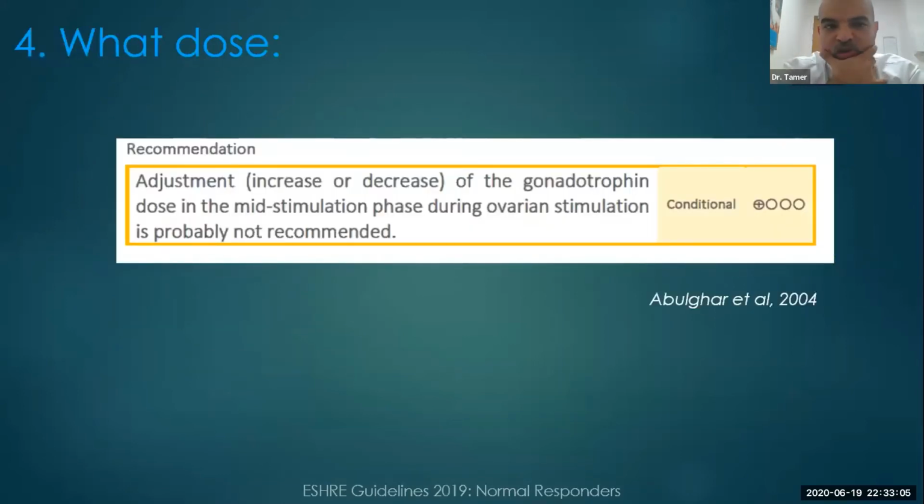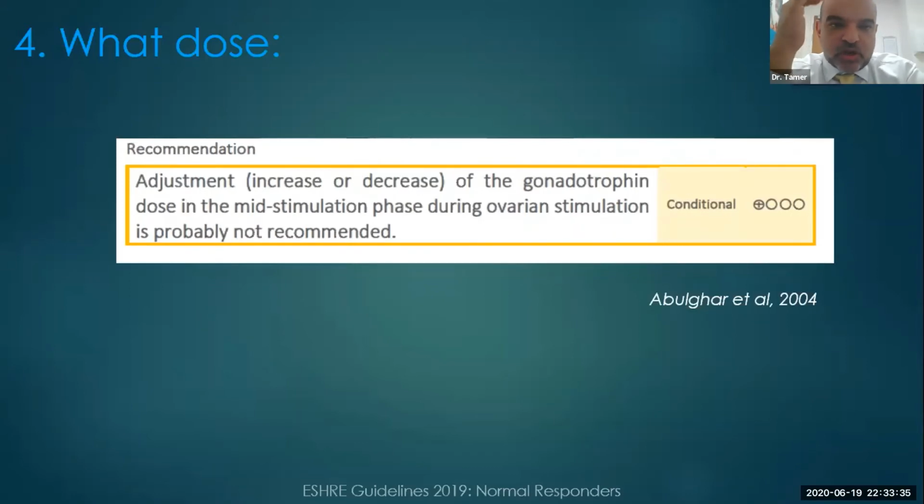Now, what dose? We alluded to 150 to 225 as being the usual dose, but I don't think it's clearly stipulated. But one thing that is clear in this recommendation, based largely on Professor Abulgar's publication, is that increasing and decreasing the dose and doing a lot of adjustments during the stimulation cycle does not alter the outcome really.